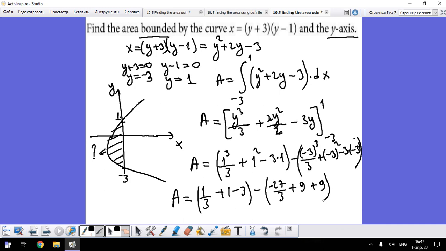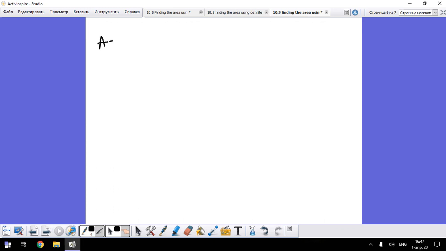Let's continue on the next page. So the area should be 1 over 3 plus minus 2, and minus, there should be minus 9 plus 18.